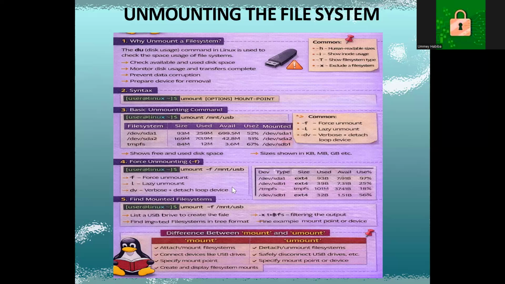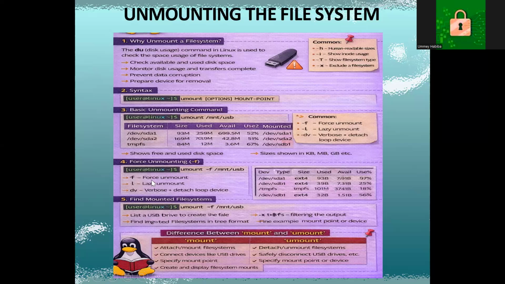Tools like lsof or fuser can be used to identify which process is using the file system so that it can be stopped before attempting to unmount again.